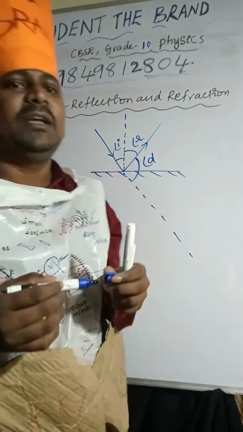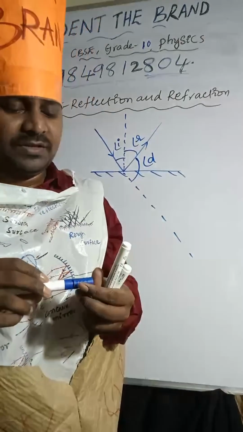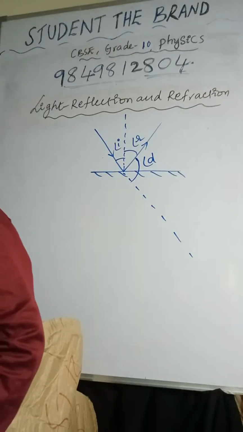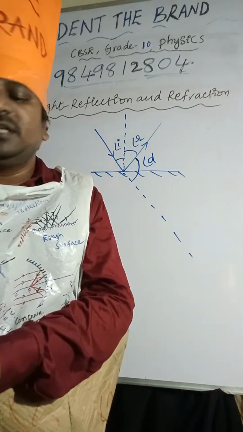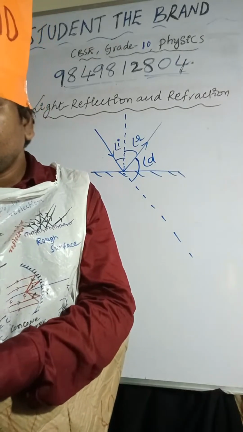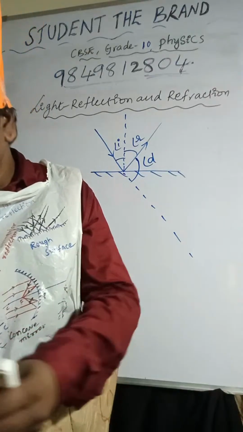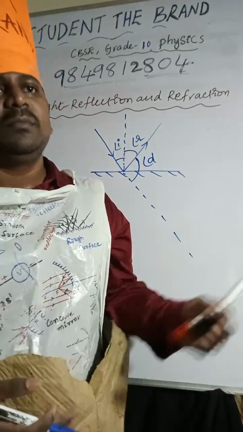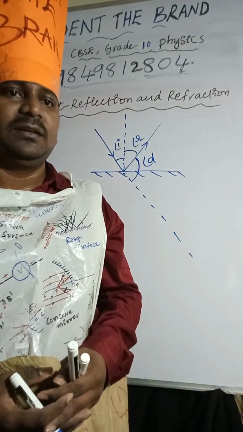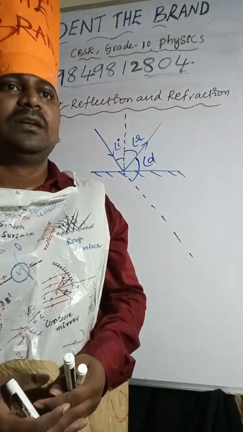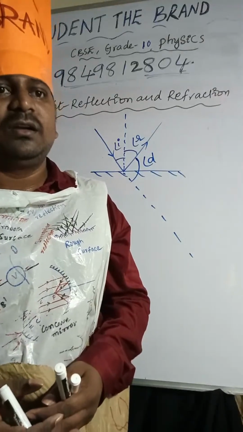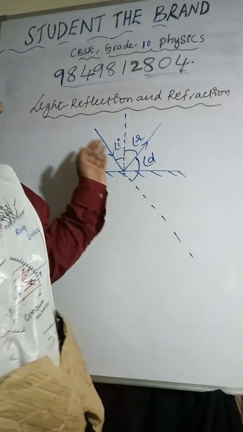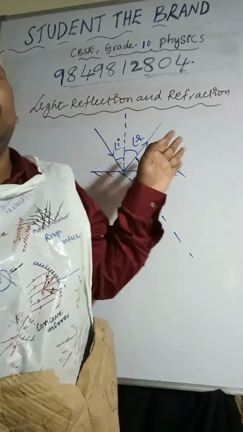The bouncing back of the light from the reflecting surface is called reflection of light. So here, incident ray, reflected ray, normal line.